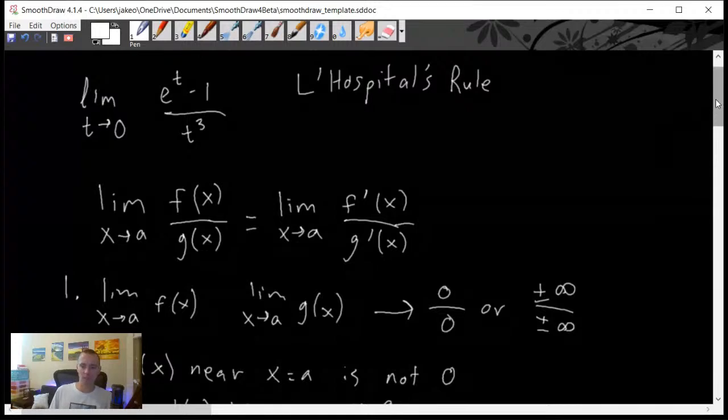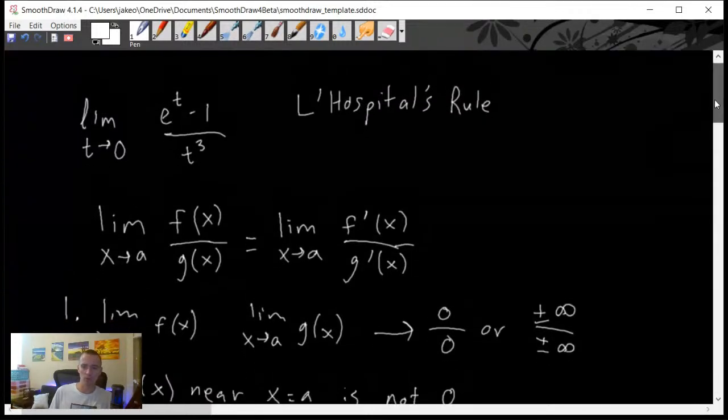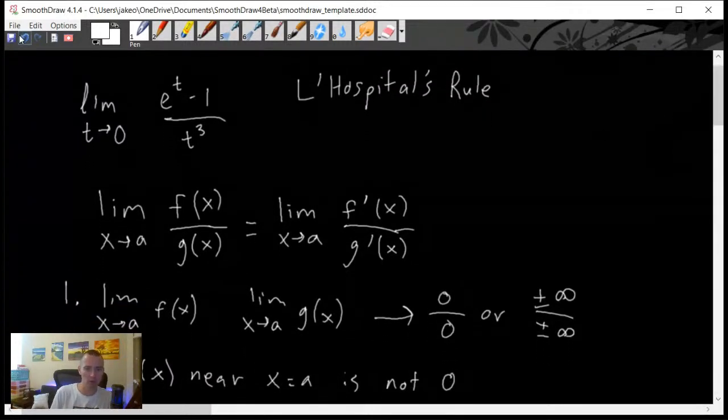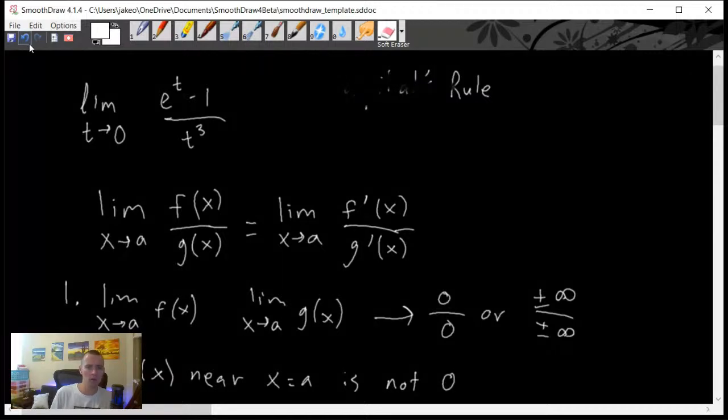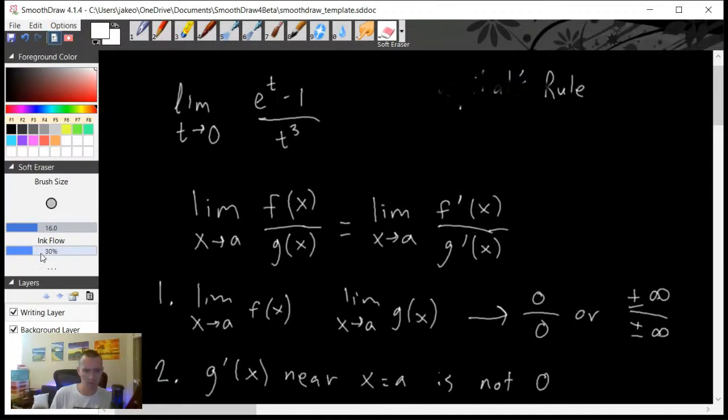So let's look at this example here. I want to show you this as an example of applying L'Hopital's rule. Before applying it, let's think about whether or not we actually can.